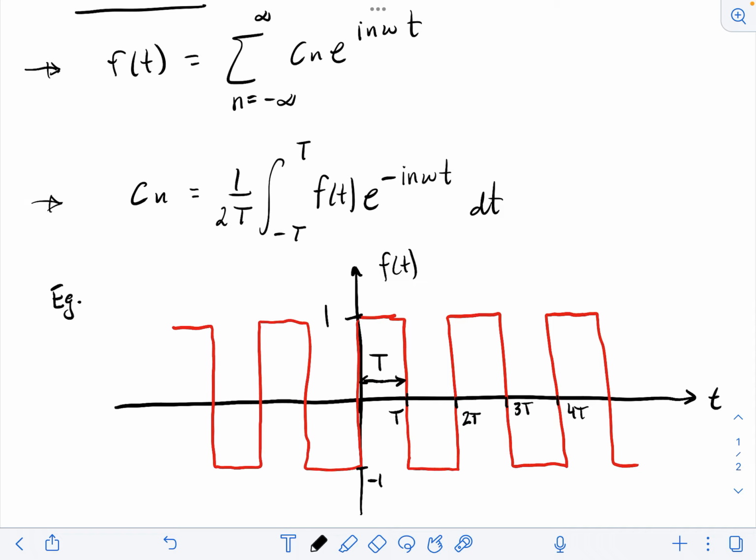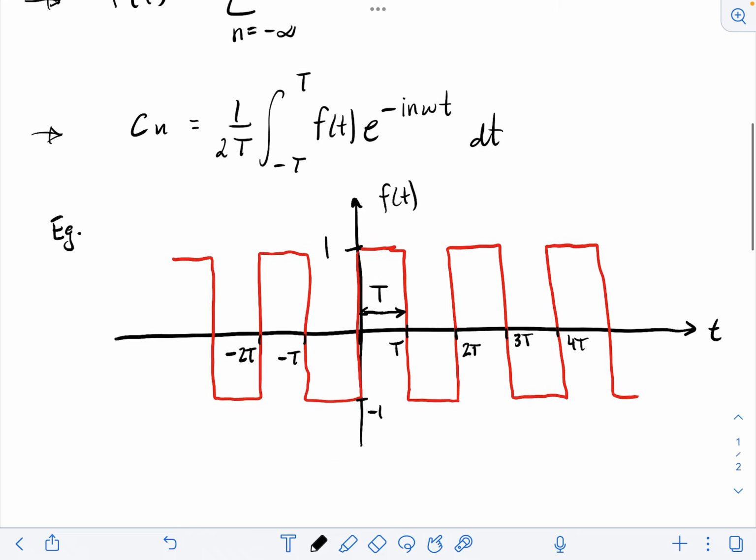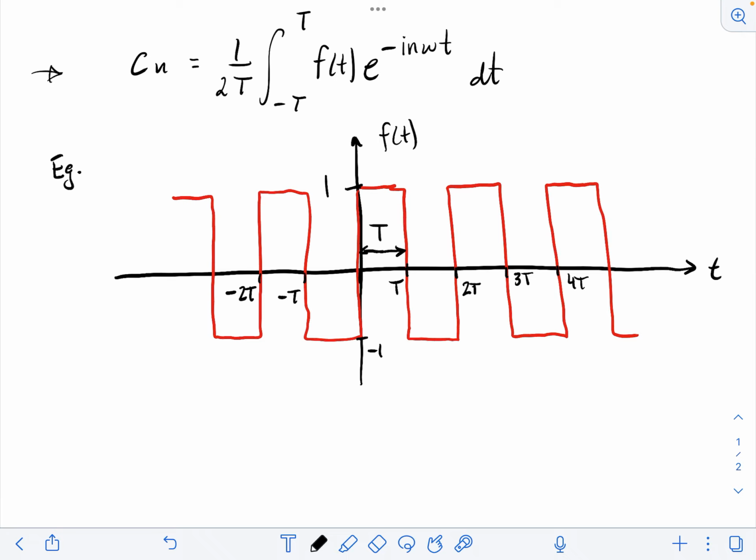And here's 0, minus T, minus 2T, and so on. Okay, and so what we want to do is calculate the Fourier series for this square wave in terms of the complex exponentials. And really what that amounts to is finding these coefficients Cn. So there's our Cn expression above.